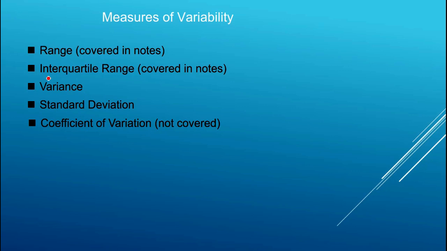It's a lot like the range, except that it is not as influenced by extreme values. We're going to focus on talking about the variance and the standard deviation in this video. Your textbook also covers the coefficient of variation, and you should read about the coefficient of variation on your own.